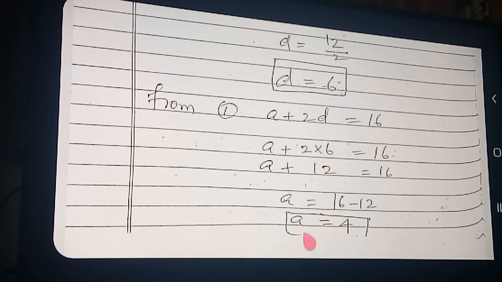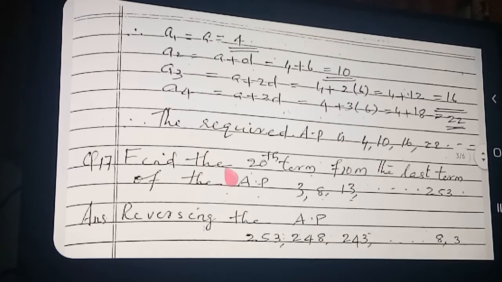Copied it. Then move to the next point. Here, what is your question? In your question it was not given to find the first 3 terms, though we found 4 terms. Your question is to find the AP, no? The question is determine the AP. So here A1 is same as A, that I have written as 4. And A2 is equal to A plus 1D.